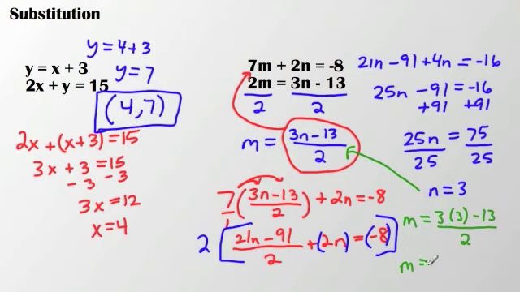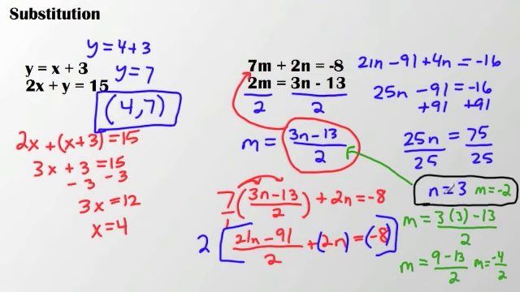So m equals 9 minus 13 over 2. And so then m equals, if I hopefully don't run out of space, negative 4 over 2, which means m equals negative 2. So as I look at my answer here, I have n equals 3 and m equals negative 2.